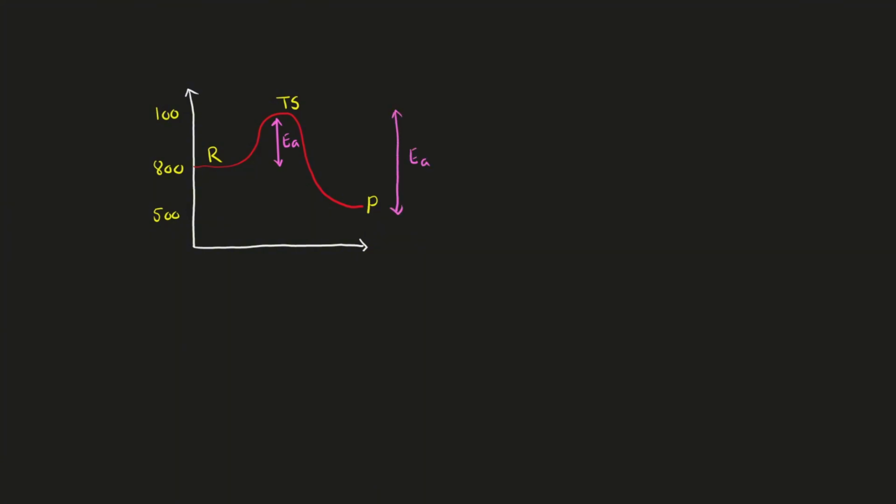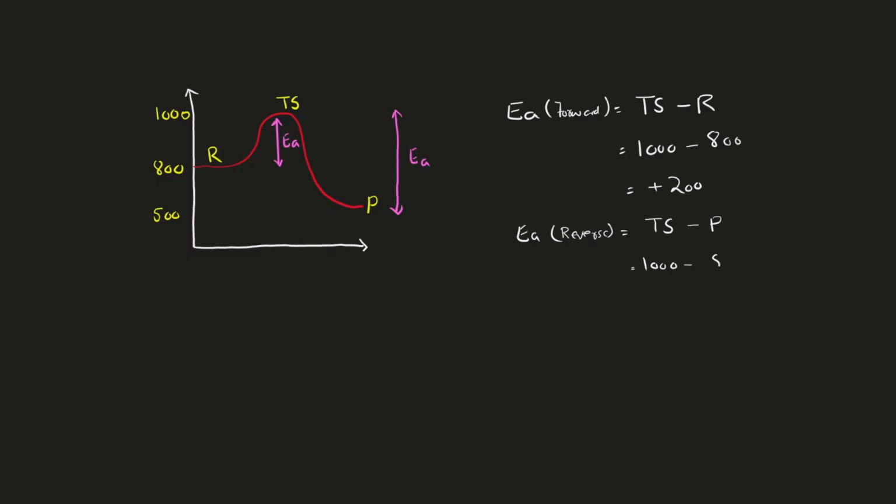So 1000 minus 800, we get 200, which is positive. The same applies for calculating reverse activation energy, which is the difference between the transition state and products. So 1000 minus 500, we get 500, which is also positive.